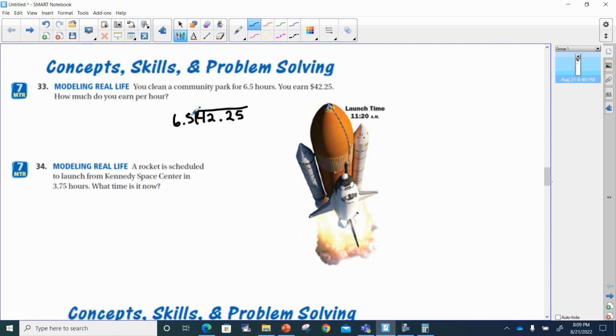All right, let's see how we're going to do this. We have to move the decimal over 1, which we'll move it over once here. Our decimal is going to be here. How many times does 65 go into 422? I know 6 goes into 42, I think 7 times, but since I have a 5 there, I'm going to go with 6.